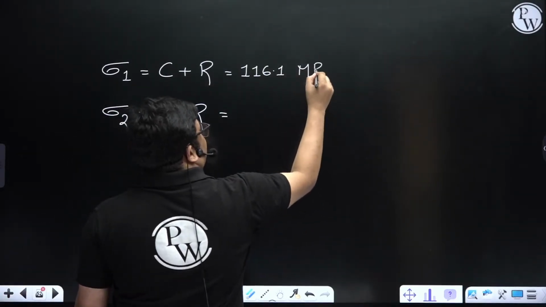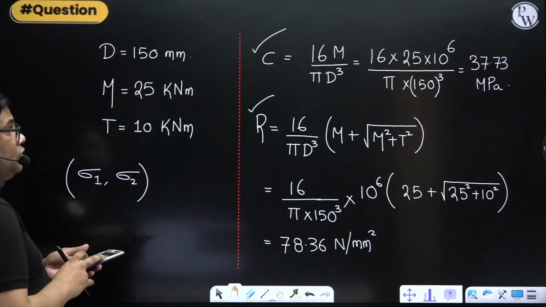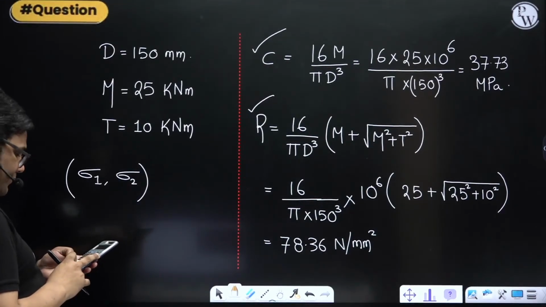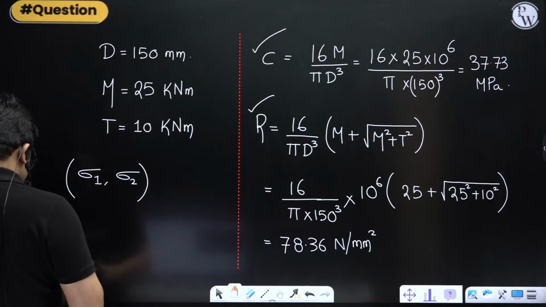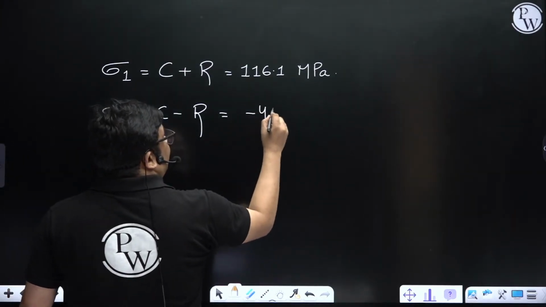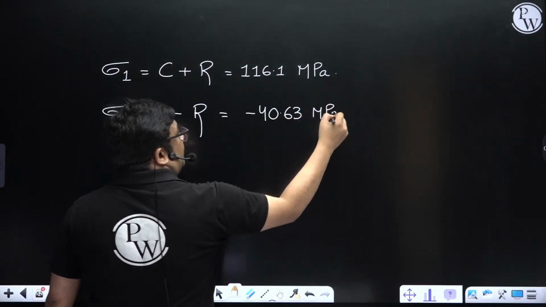That is the major principal stress. And minor principal stress, I'll subtract: 37.73 minus 78.36. I am getting a negative value, so I can say minus 40.63 MPa. That means this is compressive.